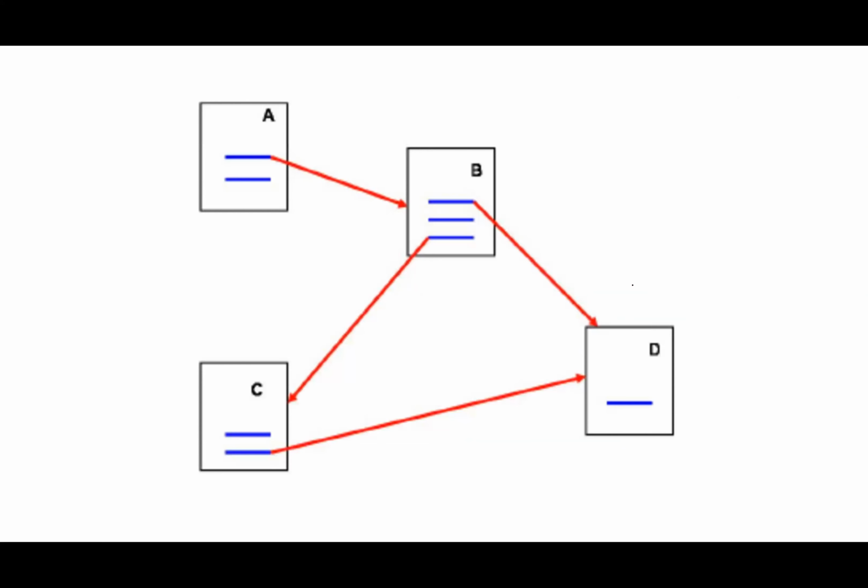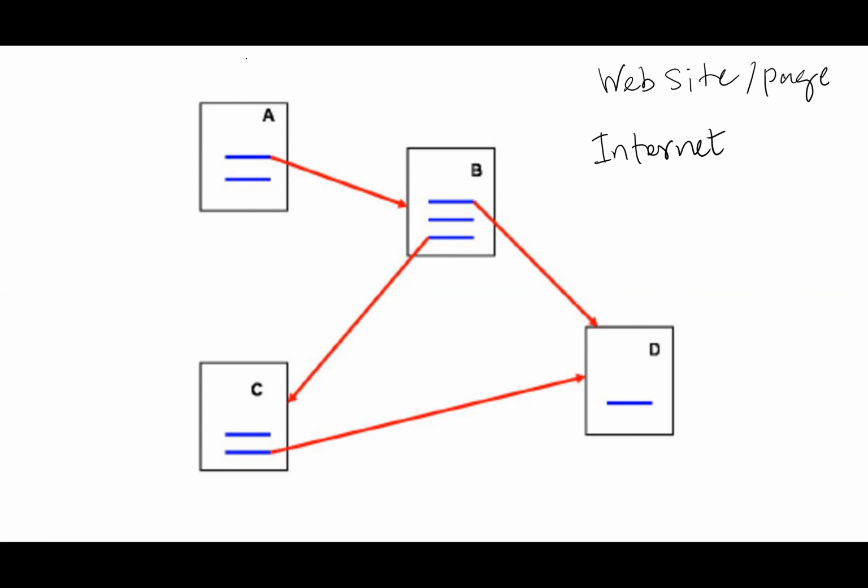Okay, and then this is an example of a directed graph. This is, say, a website or internet graph, a web page graph. So the example here is this is a site.